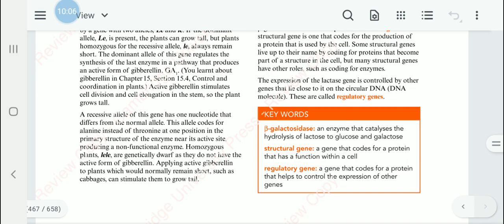In the recessive allele, it codes for alanine instead of threonine and results in a non-functional enzyme which cannot form active gibberellin.